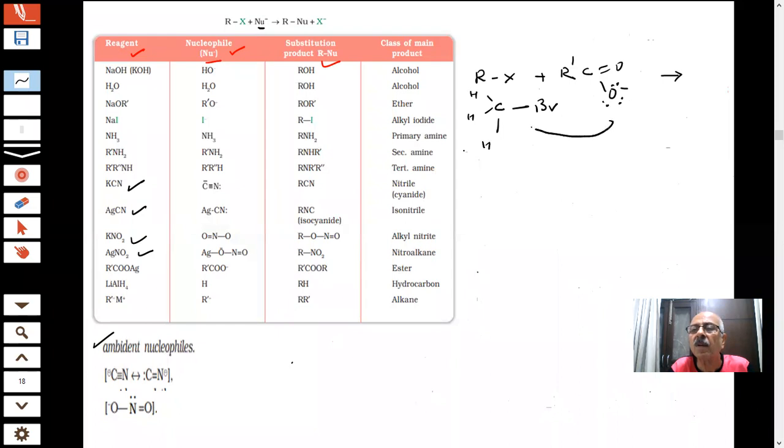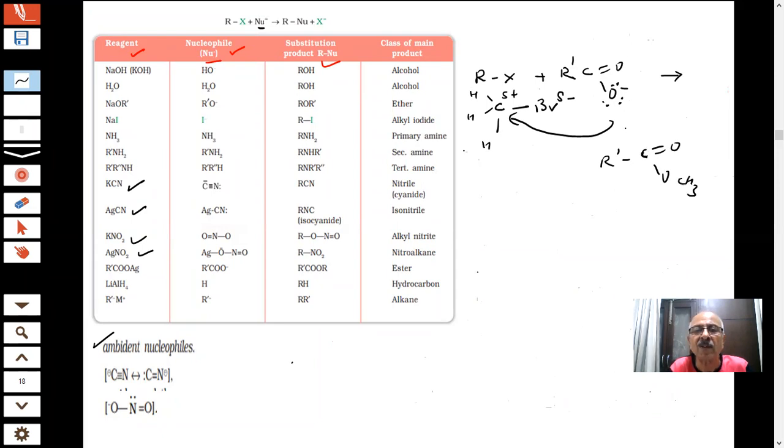But where is it coming? This is negative, this is positive. What is the result of this? What is the product? R'C double bond O, O, CH3.